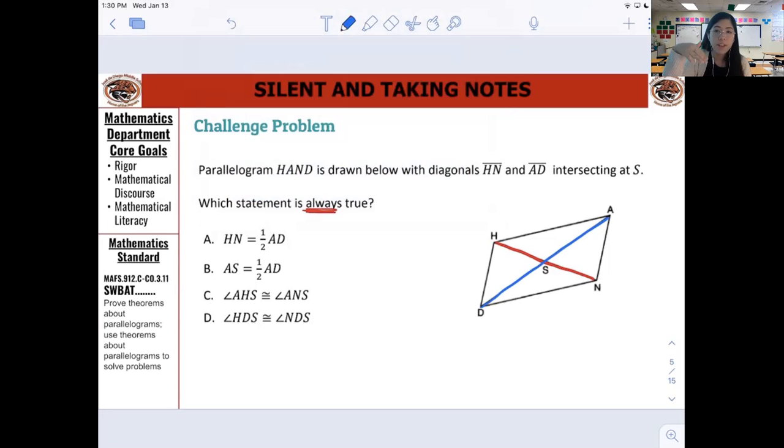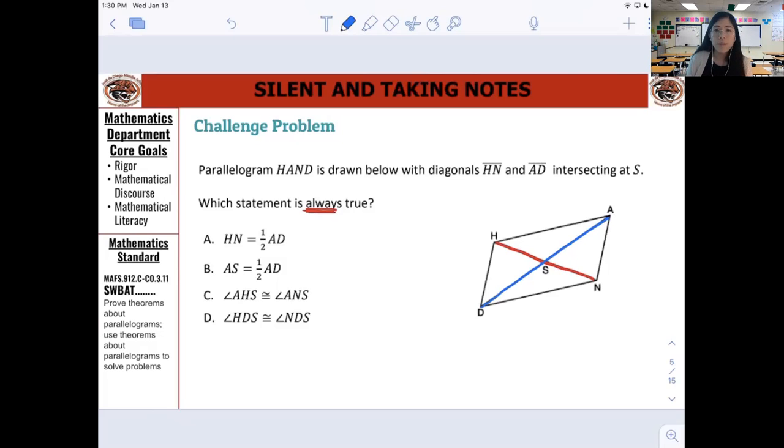Okay, so I'm just looking at answer choice number 1. Answer choice A is saying that HN will always be 1/2 of AD. False. That's right. That's false.